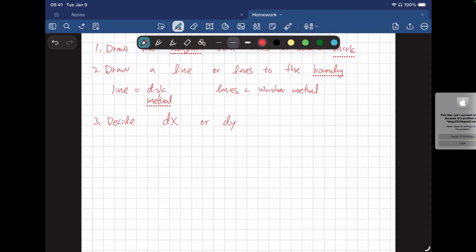dx usually is a vertical line, and dy usually is the horizontal. Once you decide, if it's dx, you need to make sure the function is in terms of x.